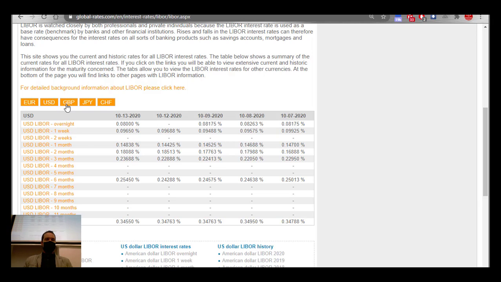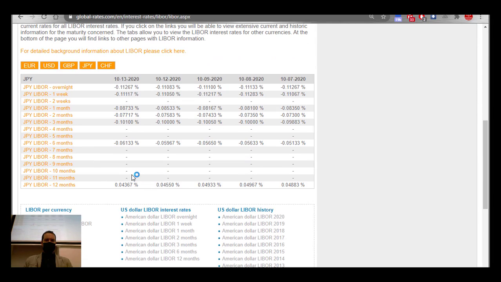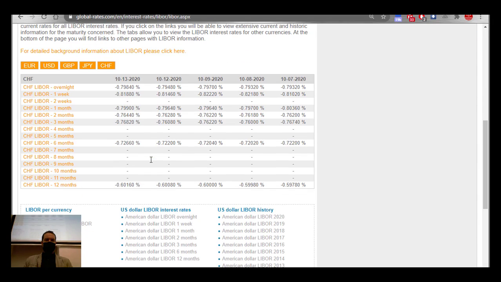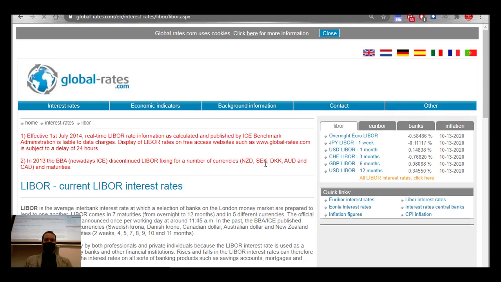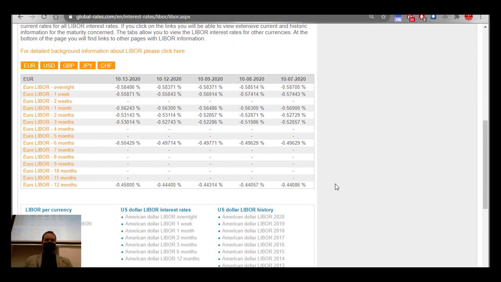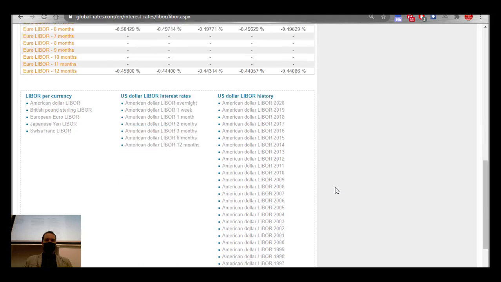It's 0 something, but it's positive. For Japanese yen, I'm not sure. Yeah, it's negative. Swiss franc, it's absolutely negative. But in the case of Swiss franc, it's obvious because they would like to push out excessive capital inflows. But in euro, it's actually killing banking system. So it's not that good.